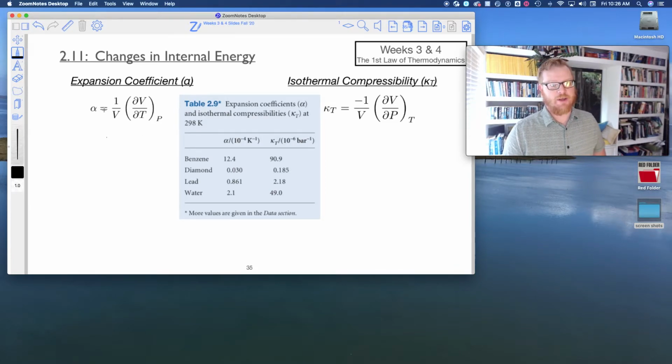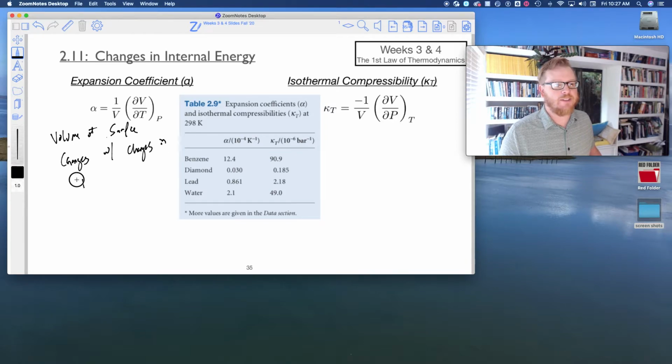So the expansion coefficient is a result in the change in volume with respect to temperature at constant pressure. So in other words, the expansion coefficient gives us how the volume of a sample changes with changes in T, right? So as we heat up a material, we generally think of it as expanding, right?